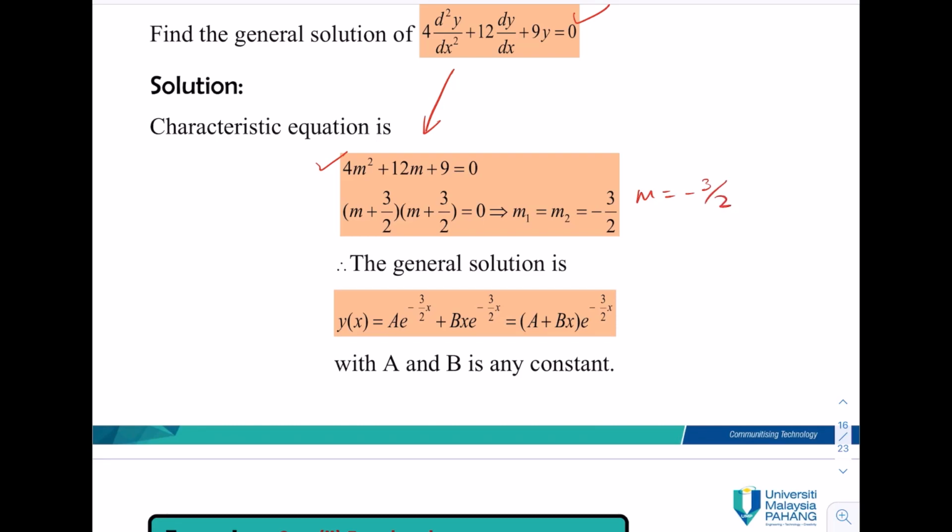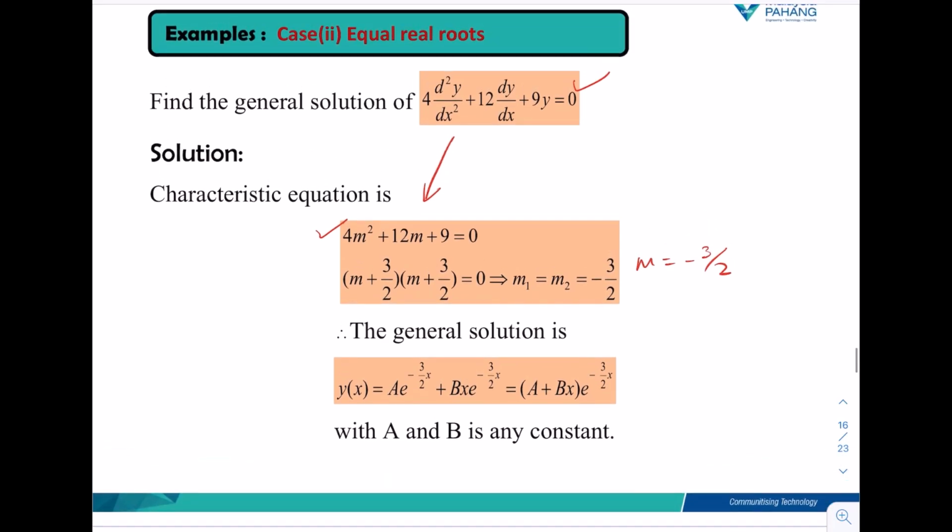This is equal real roots. So remember the general form, y of x equals e to the mx times a plus bx. Obviously you can change this to a plus bx times e to the mx. This is equivalent. So this is your m, minus 3 over 2 x.